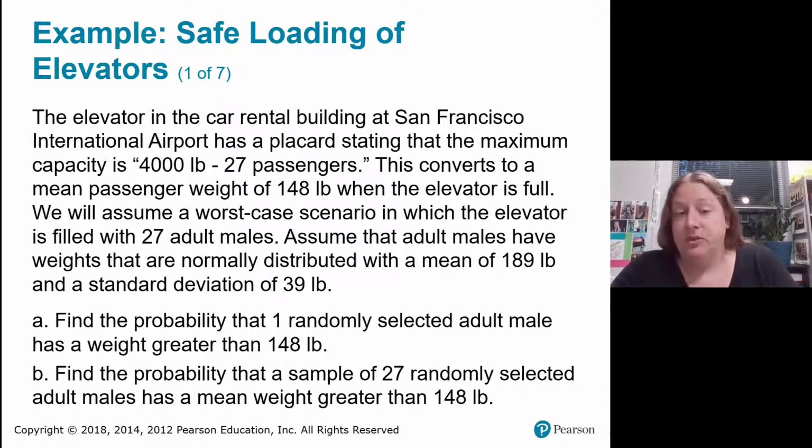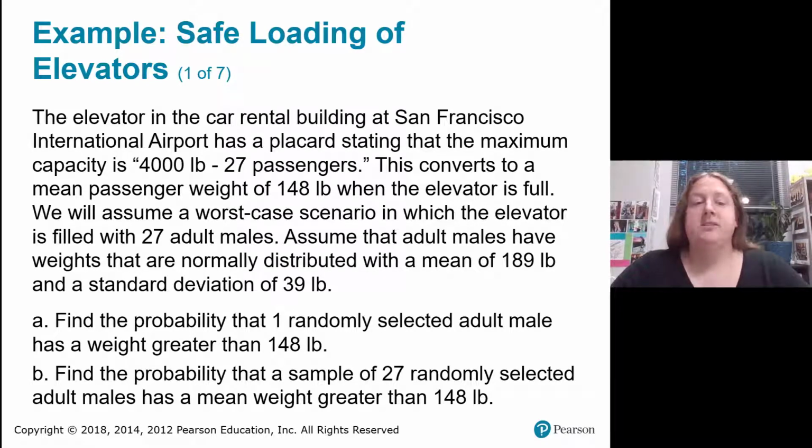As far as mean weight goes, adult males have the highest mean weight. So worst case scenario, we would have 27 adult males on the elevator. We're going to assume that, and we're going to use the mean of 189 pounds as the population mean for adult males, and the standard deviation of 39 pounds.